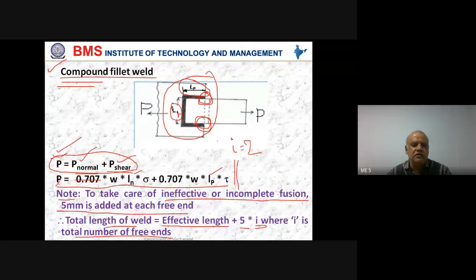Please take down this. To take care of ineffective length or incomplete fusion, 5 mm is added at each free end to the effective length so that we get the bigger or total length of the weld. Please note down this, this is very, very important.